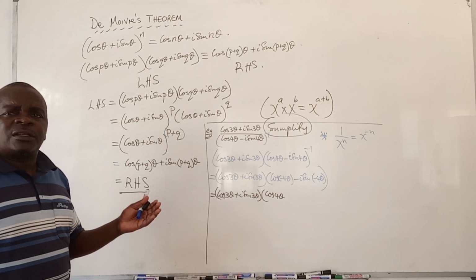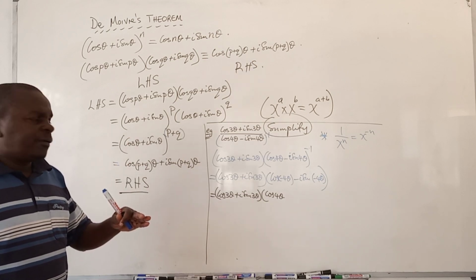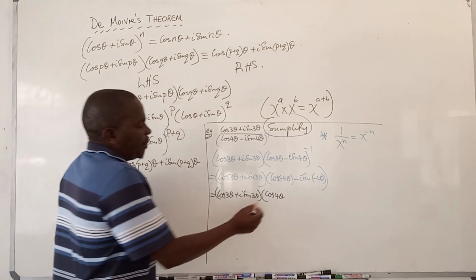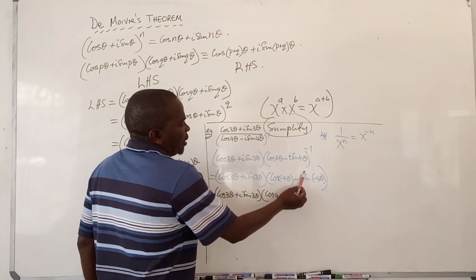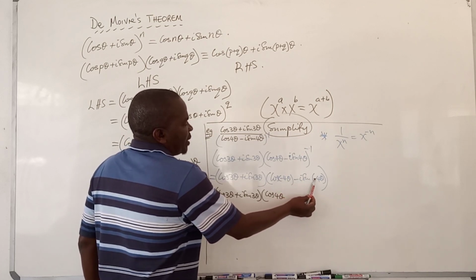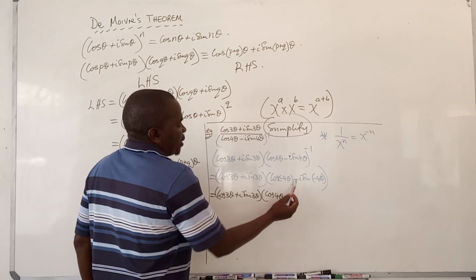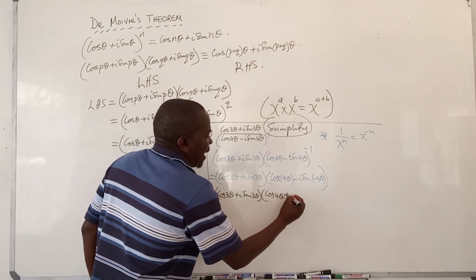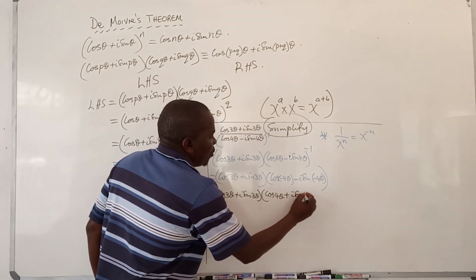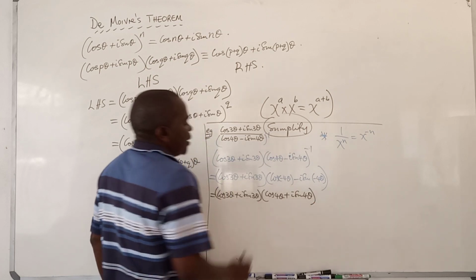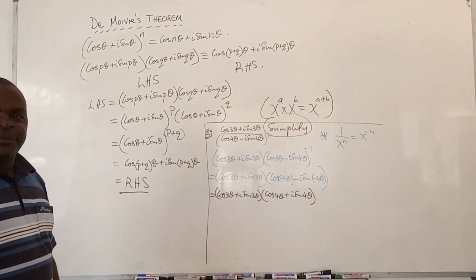Cos of a negative angle is the same as cosine of a positive angle. But for sine, we can pull out the negative sign, which will give us negative and negative, which is positive. So this is going to be plus i sine of 4 theta. Then I close my bracket.